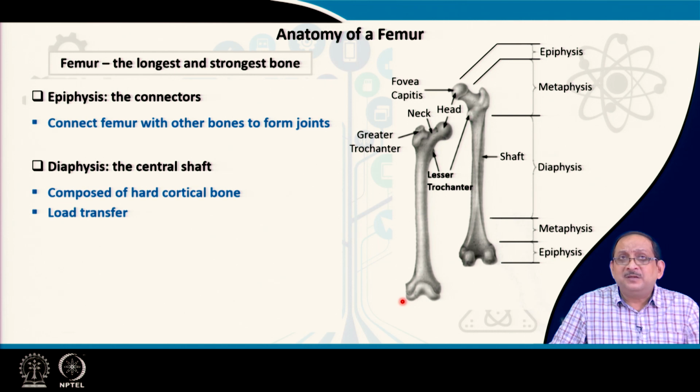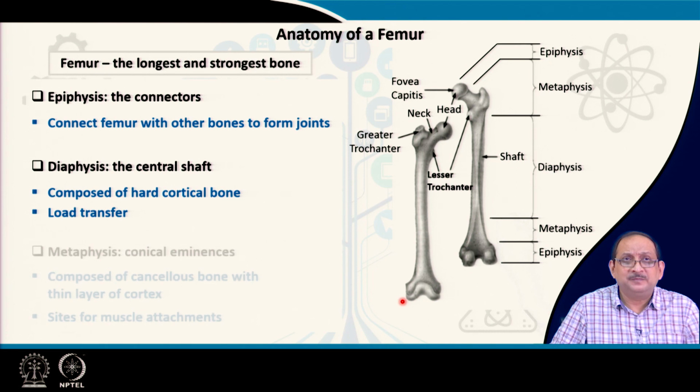The second part is the diaphysis of the femur, which is the central shaft of the femur, and that is composed of hard cortical bone, and it actively takes part in transferring the load from the upper part of the femur towards the lower part of the femur.